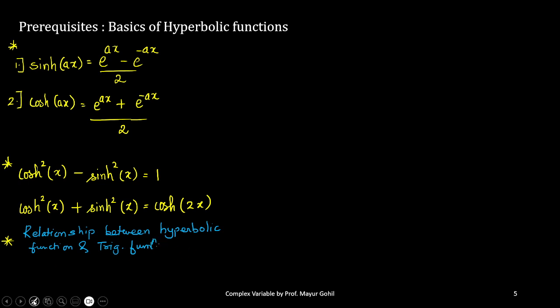Let us see the first important relationship: cos(iθ) is nothing but cosh(θ). This is the first relationship that will be useful. Throughout we will need to remember this.